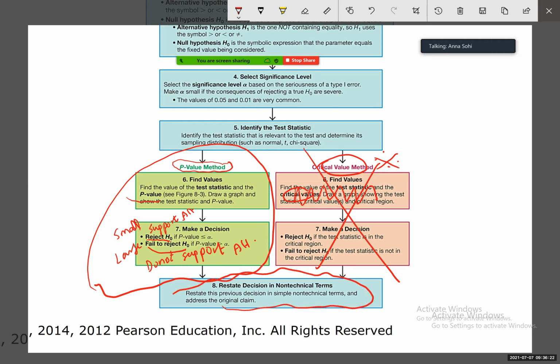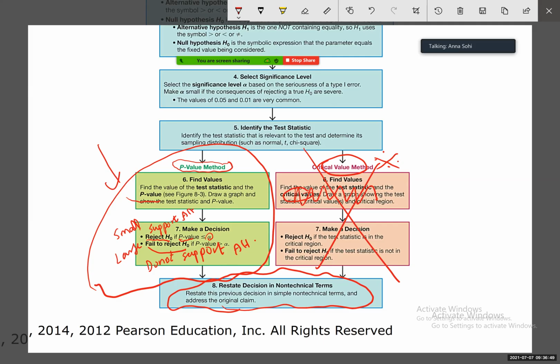That's our last step. But I want you to write this one where, as you see, if the p-value is less than 5% or whatever alpha is, then we reject the null and support the alternative. If the p-value is greater than alpha, we fail to reject the null and do not support the alternative. Maybe write the vocabulary here.